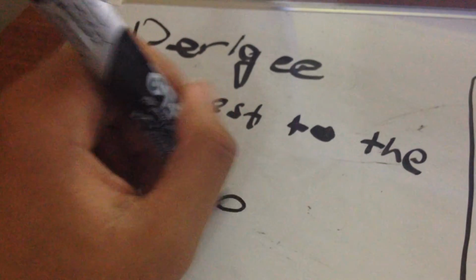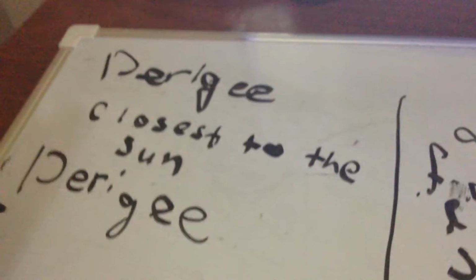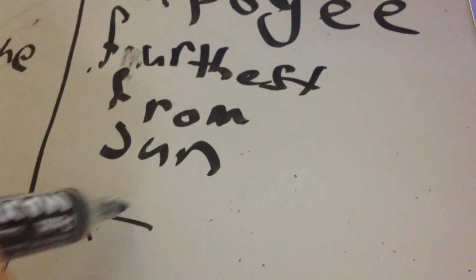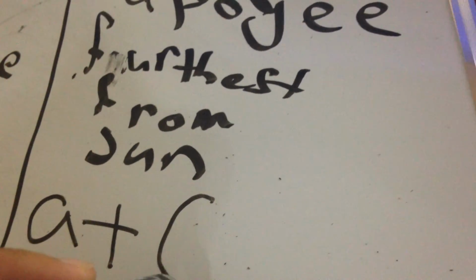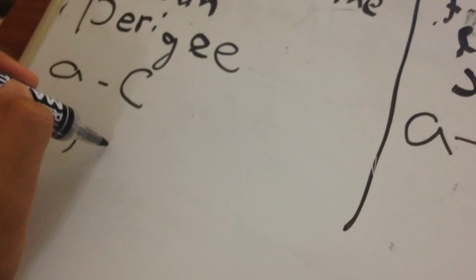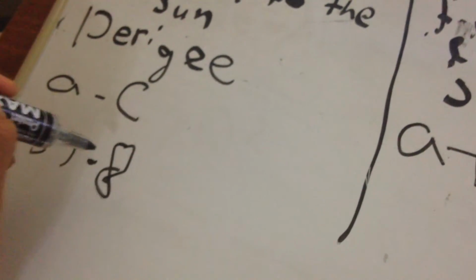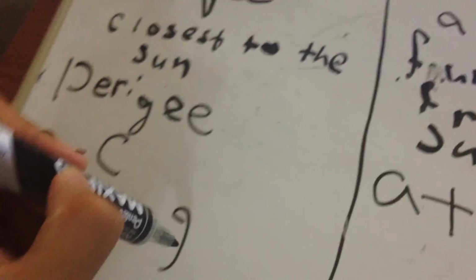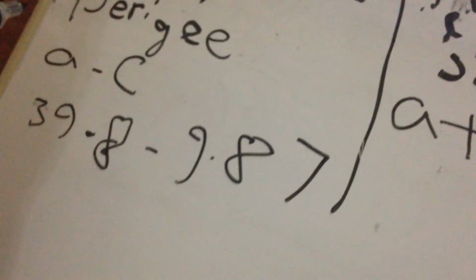The perigee is a minus c, whereas the apogee is a plus c. So the distance from the center to a is 39.8, minus the distance c, 9.87.